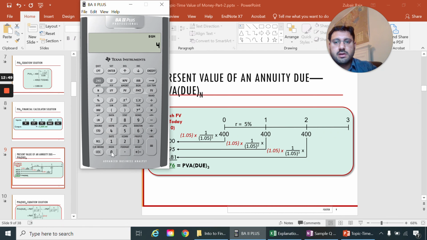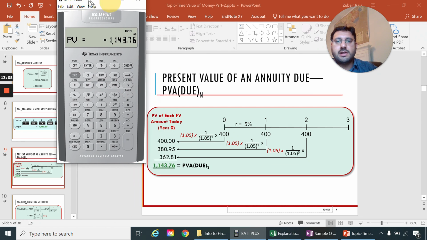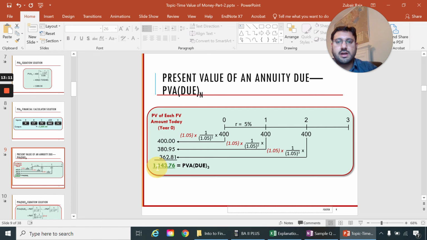It's 400, which you will receive, so plus, and there is no future payment. All these are part of the annuity, they are the fixed payments, right? So there is no lump sum payment happening in the end. So 0 is the future value. Compute present value: 1143.76. So this is the same as what you're getting over here, right?